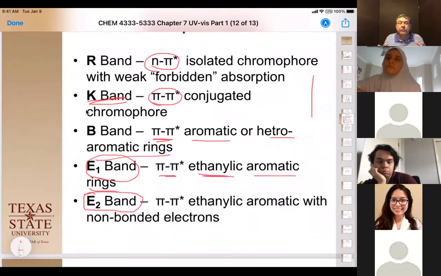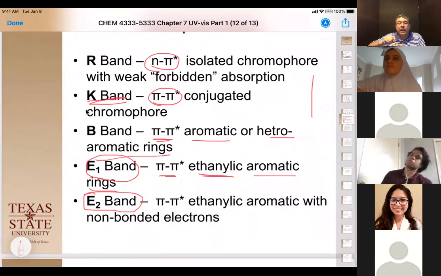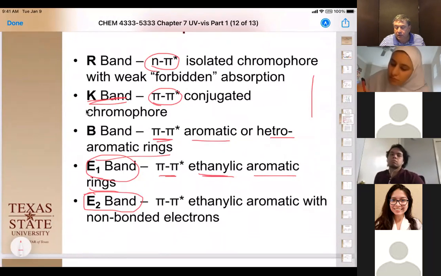So just the nature of it being an aromatic ring and having a double bond in it makes that transition. So imagine an individual pi bond inside the benzene ring is giving rise to that. Okay. So that's the E1 band.